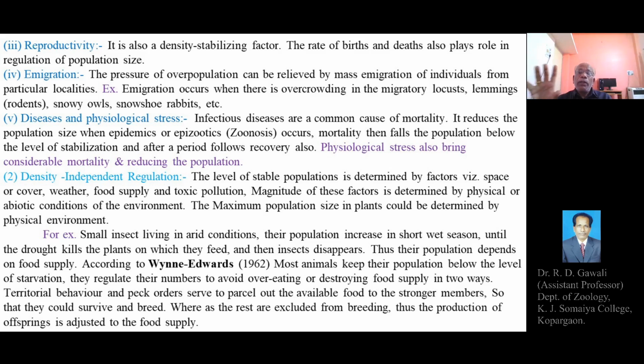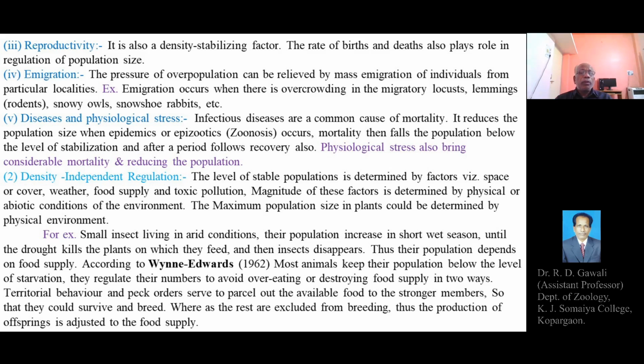so that they can survive and breed, whereas the rest, the weak organisms, are excluded from breeding, and thus the production of offspring is adjusted to the food supply.